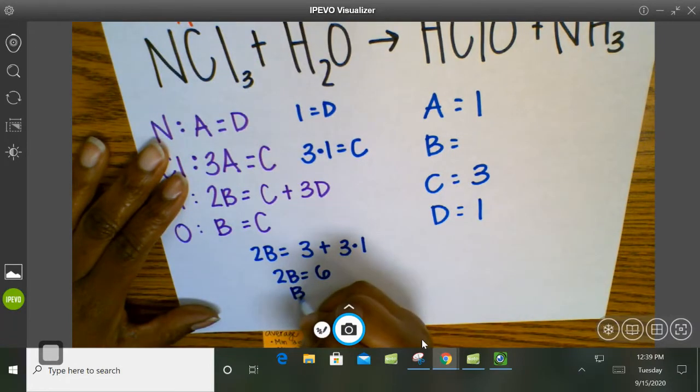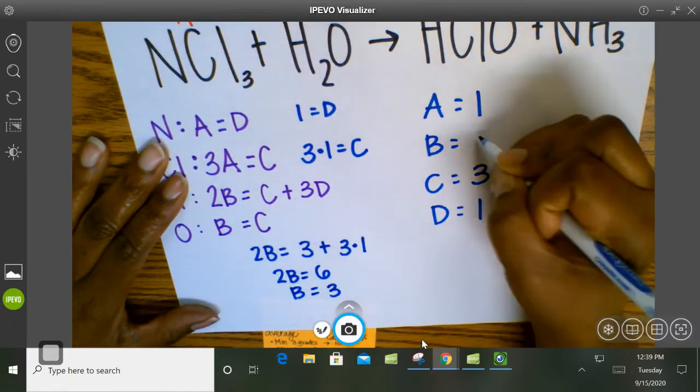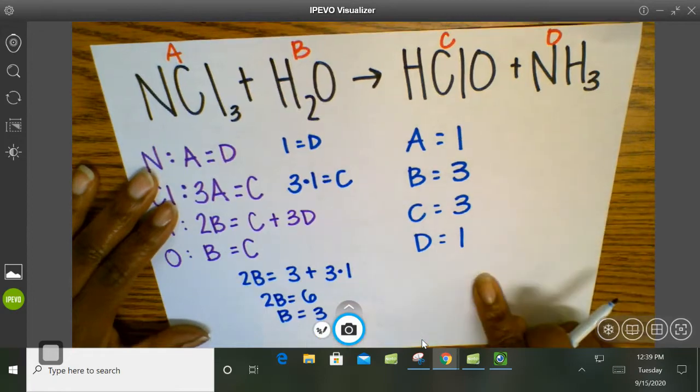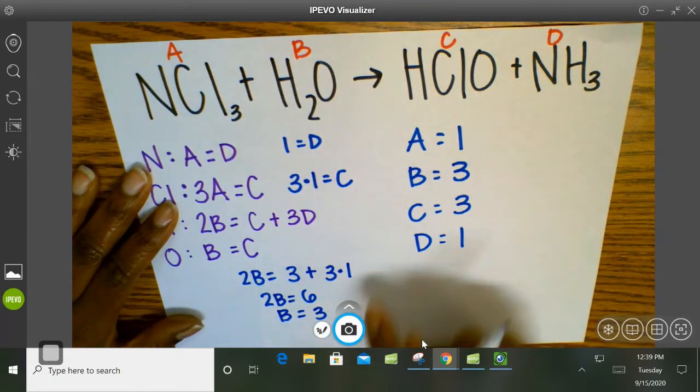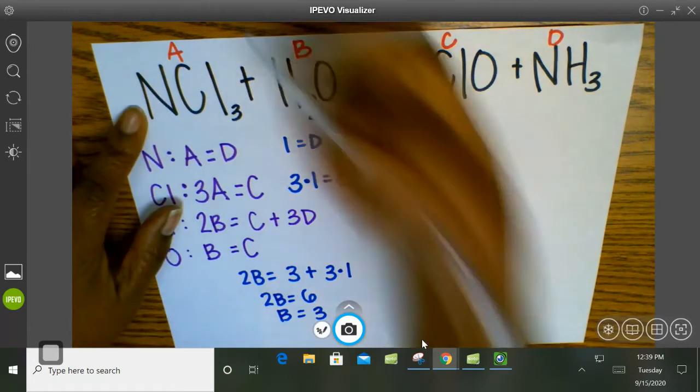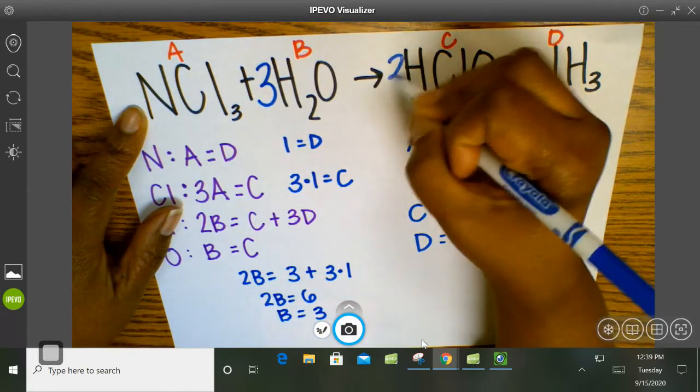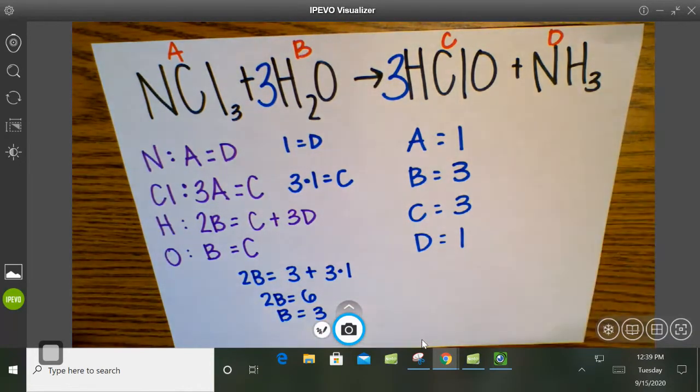Okay, and so B is equal to 3. And so they're all whole numbers, and they become the coefficients 1, 3, 3, and of course the other understood 1. All right, so let's do one more, and I want you guys to work this one with me.